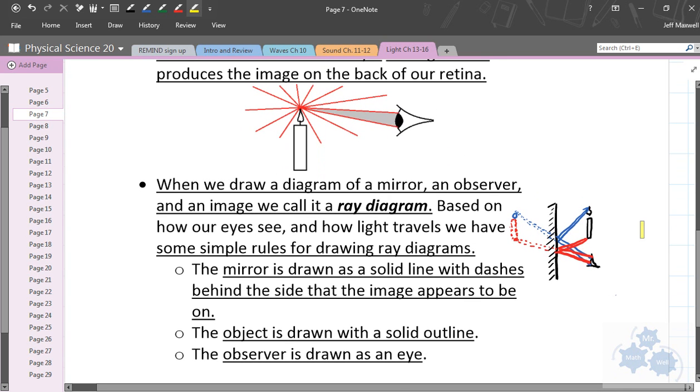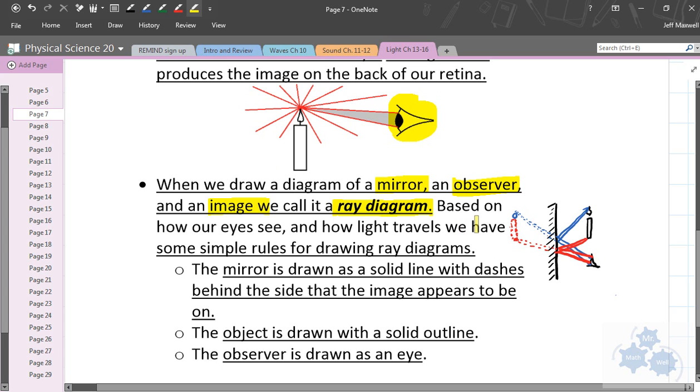So when we talk about drawing a diagram that represents how we see something in a mirror, first of all, the diagram is called a ray diagram. And that's going to include a diagram of a mirror, an observer, which is just going to be represented by an eyeball, just like this right here, and the image.